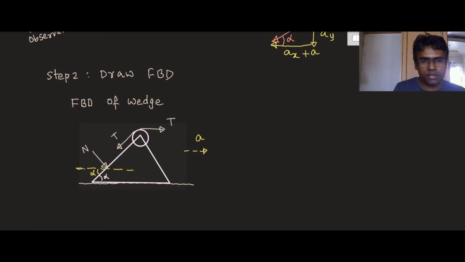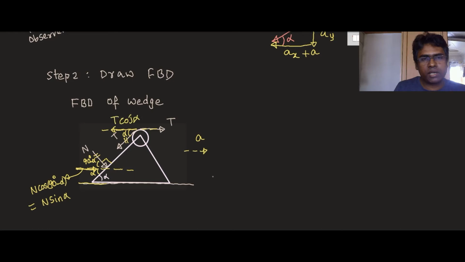So when I resolve the normal force horizontally, this force vector would be N cos of 90 minus alpha, which is N sin alpha. And if I take this tension force which is acting along the incline, and again take a horizontal line, this angle is again clearly alpha. So if I resolve this along the horizontal line, I get T cos alpha.